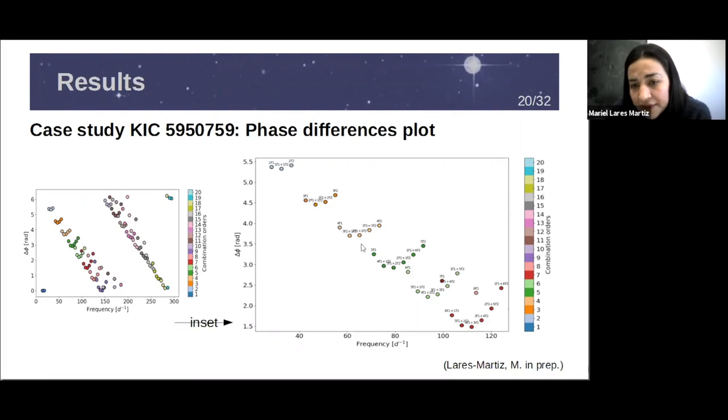and here we can see this interesting pattern showing the phase differences, where there are seemingly parabolas, and the combination frequencies are subsequent.